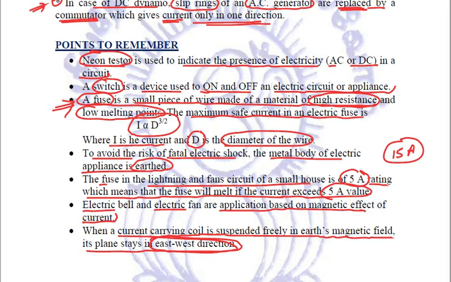But if we are given the direction of motion and the direction of magnetic field, then in order to find the direction of the induced current, we use Fleming's right hand rule. Got it? So these are Fleming's left hand and right hand rules.